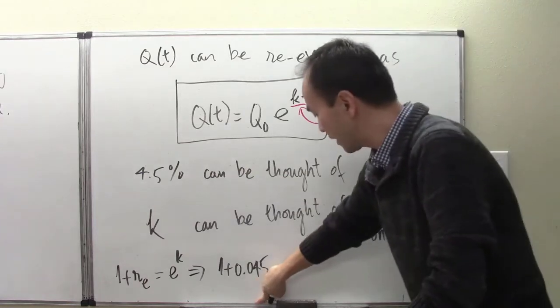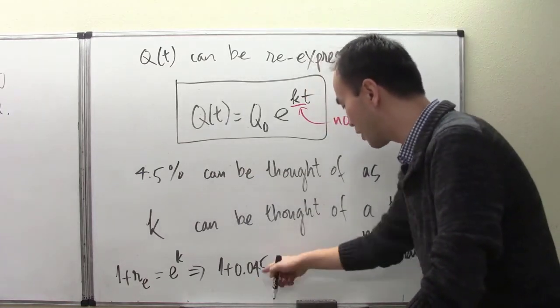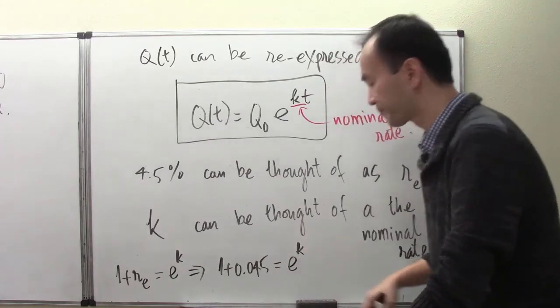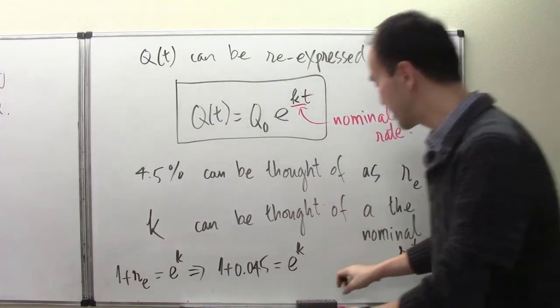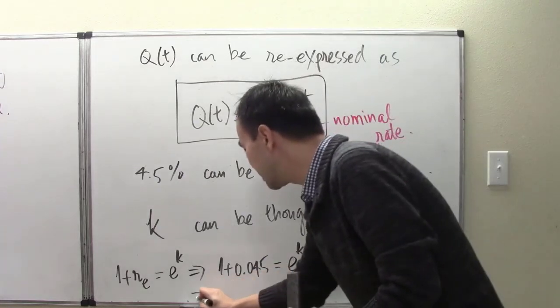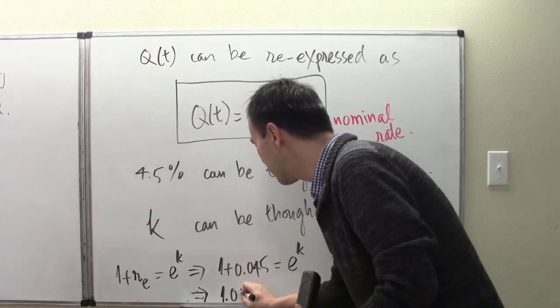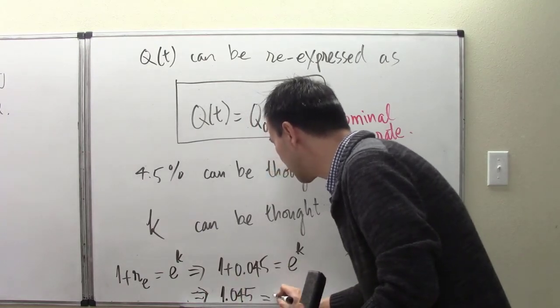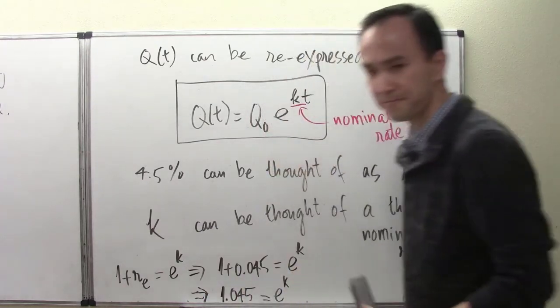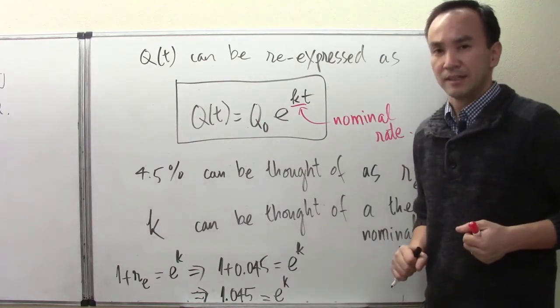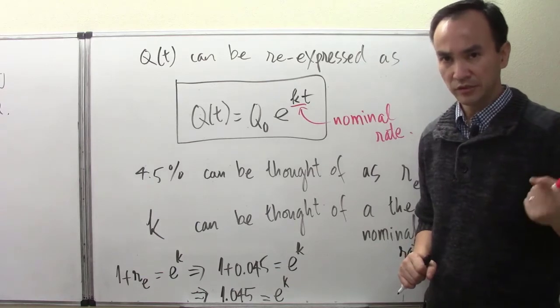And so as a consequence, in my next step it's 1 plus 0.045, because this 0.045 can be thought of as the effective rate. So 1 plus 0.045 can be equated with e to the k. Or in another way of saying, 1.045 equals e to the k.